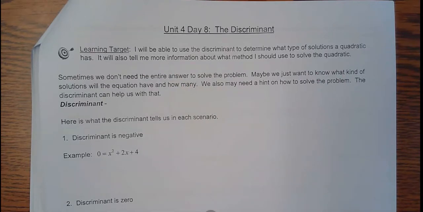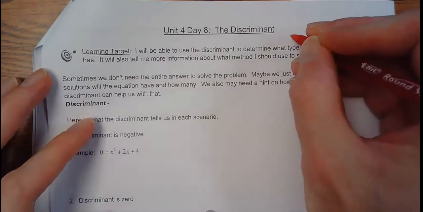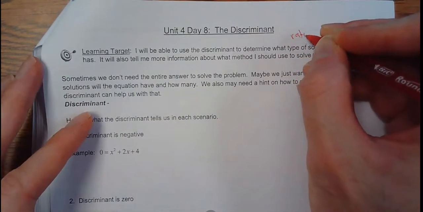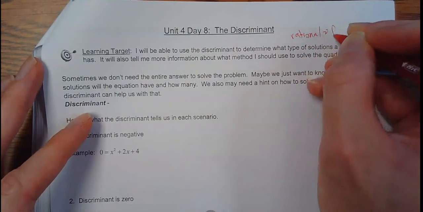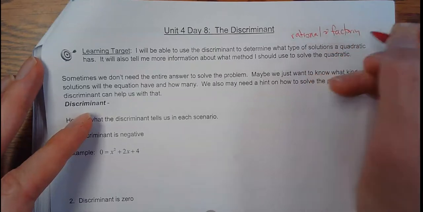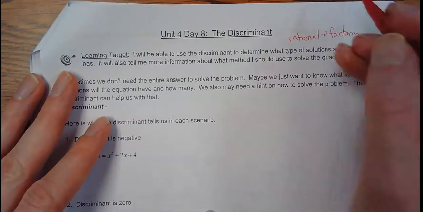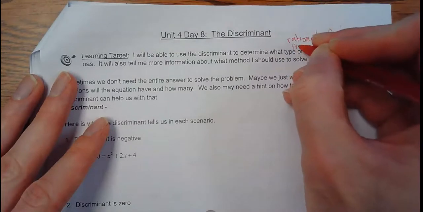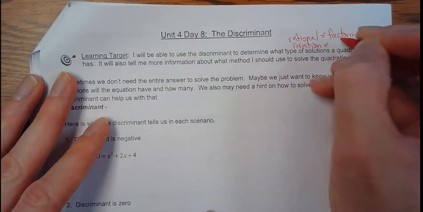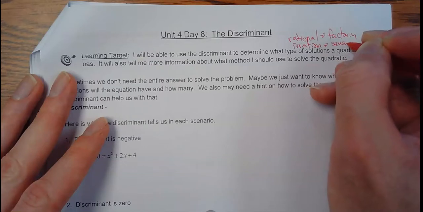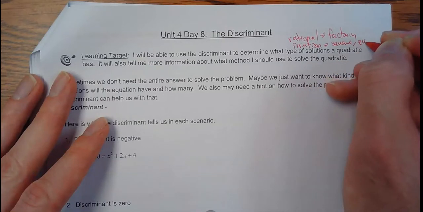Okay, should I use quadratic formula? If they're rational, factoring would be better. If it's going to be irrational, you could use square roots, but I would go with quadratic formula.